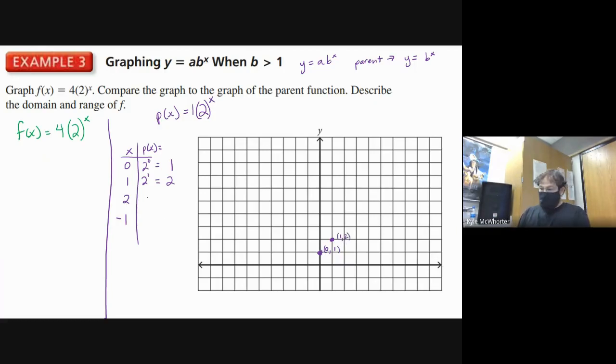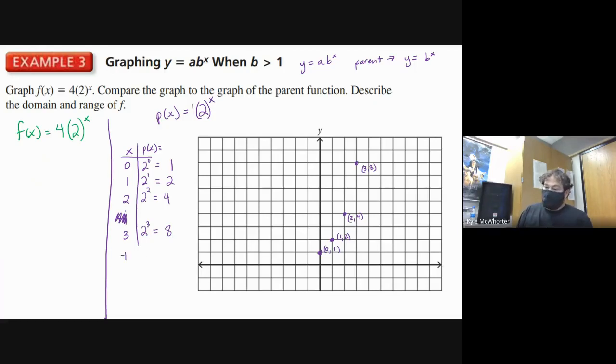When we put a 2 in for x, now we're doing 2 to the second power, which is 4. So that gives us the point 2, 4. Actually, let's put in 3 right now. If x was 3, we'd be doing 2 to the third power, which is 2 times 2 times 2, 8. So that gives us the point 3, 8.